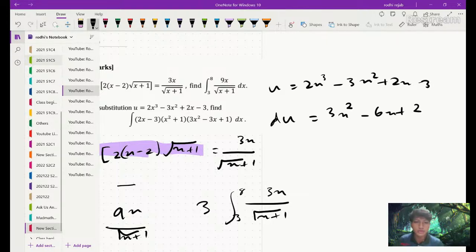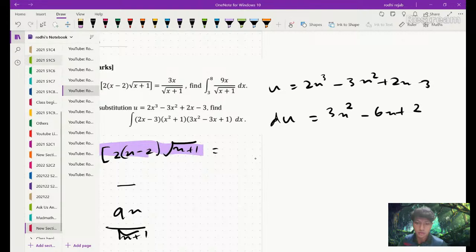So based on the question given, we have to factorize this.